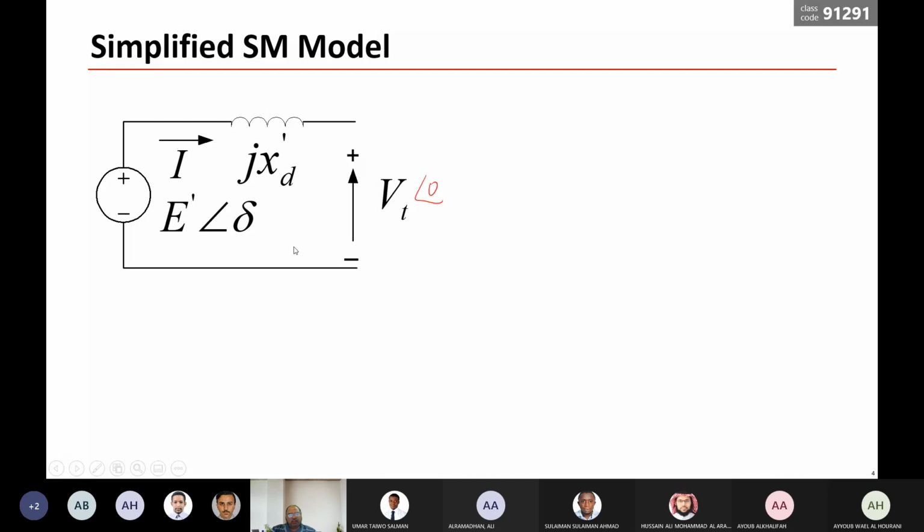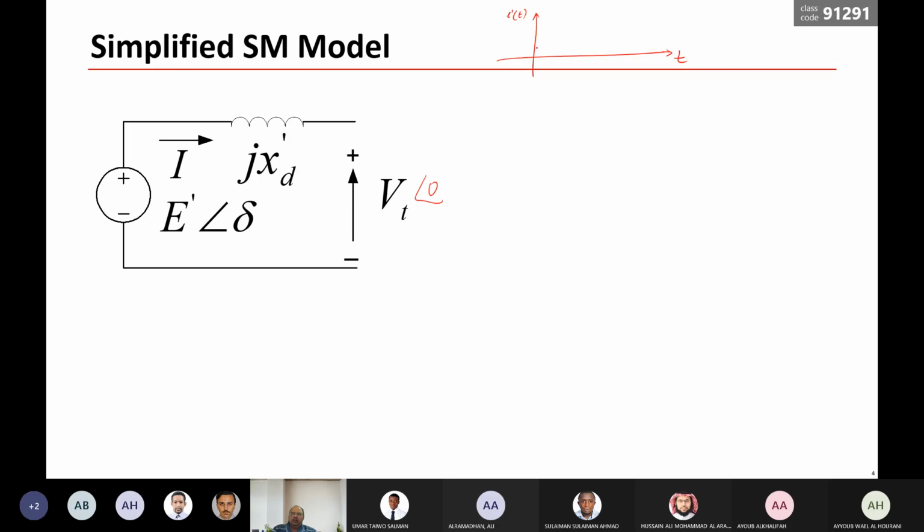The reactance changes if we have any disturbance in the synchronous machine. Assume this is the current i(t).